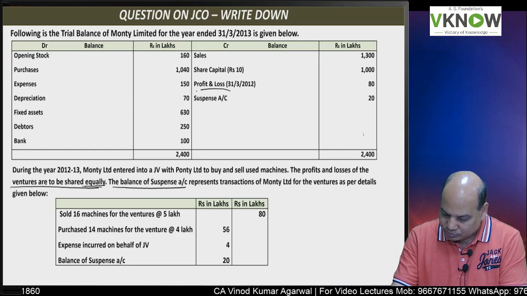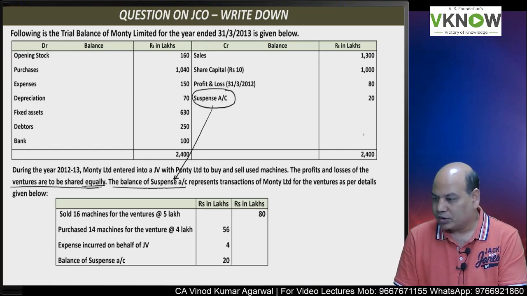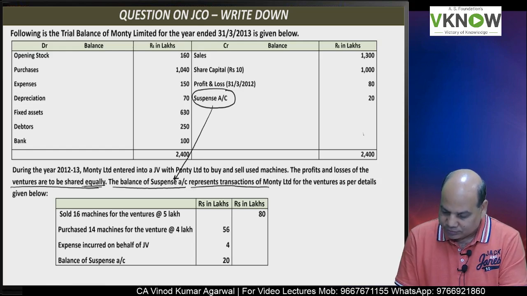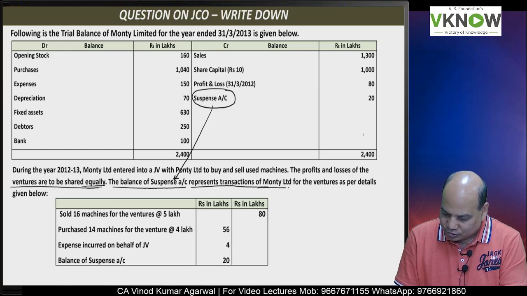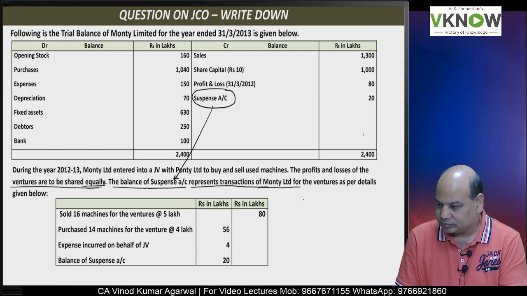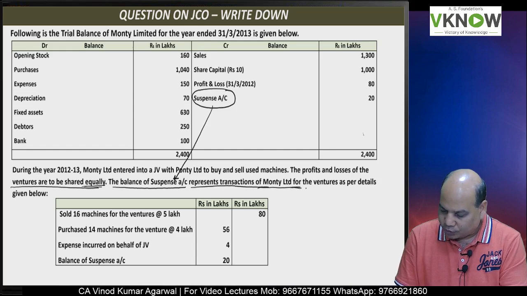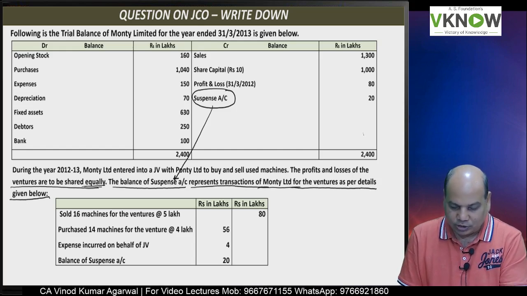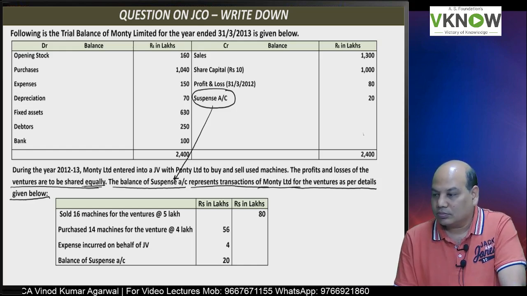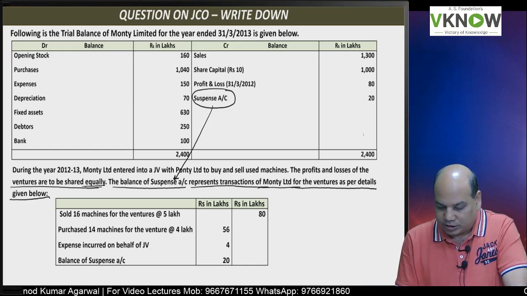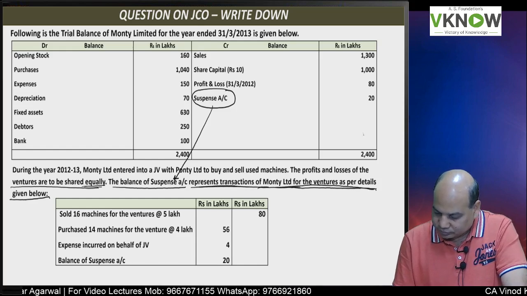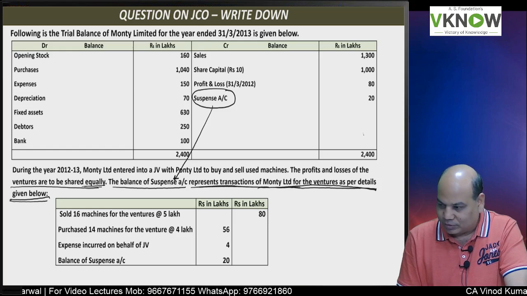The balance of suspense account. So this suspense account, there is a note on that. The balance of suspense account represents transaction of Monty Limited for the ventures as per details given below.